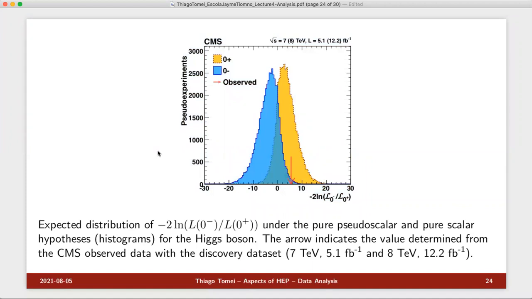And if you do this observation, and it is the case here that the weight of the blue distribution to the right of this point is less than 5% of the total, this means that I can conclude with 95% confidence level that the Higgs boson has positive parity, is 0+, a scalar, and not 0-, a pseudoscalar.